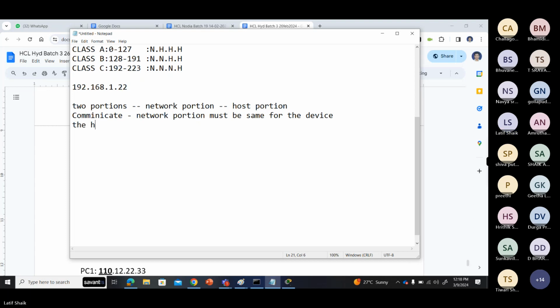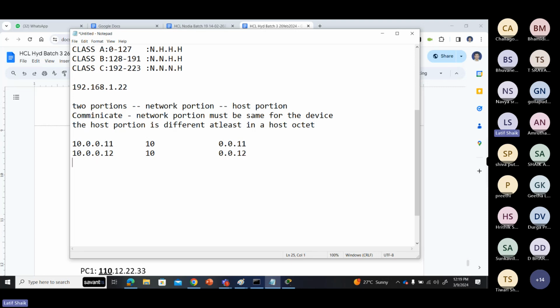The host portion must be different, at least in one host octet. Say I take 10.0.0.0, or otherwise 11. The network portion is 10 and the host portion is 0.0.0.7. Another system's IP address is like this: network portion 10, and the host portion like this.